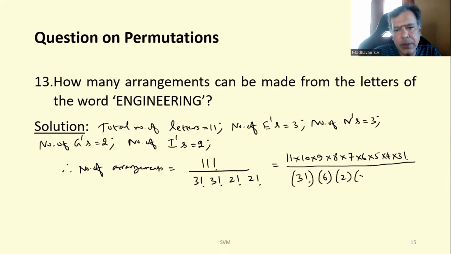This is 2, this is 2. So this 3 factorial cancels with this. This 6 can be cancelled with this. Then this 2 into 2, we can cancel straight away 4. So if we multiply this, we get 277,200 ways. This many ways the word can be arranged. Let us move on to the next.